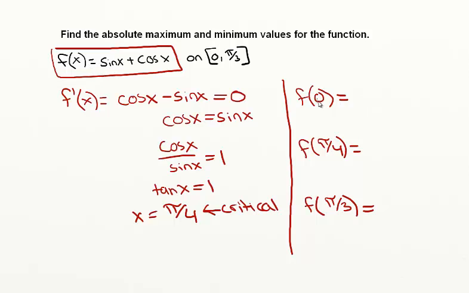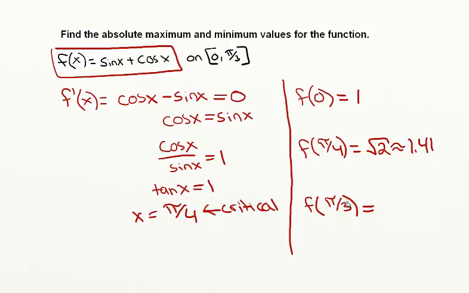So at f of 0, we're just going to get sine of 0 is 0, so cosine of 0 is 1. Then at f of pi over 4, we're going to get the square root of 2 over 2 plus the square root of 2 over 2, and that's going to be just the square root of 2, which is approximately 1.41 if you were to plug that into a calculator and get a decimal.